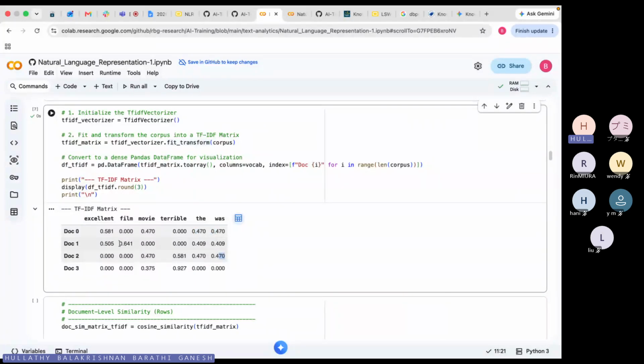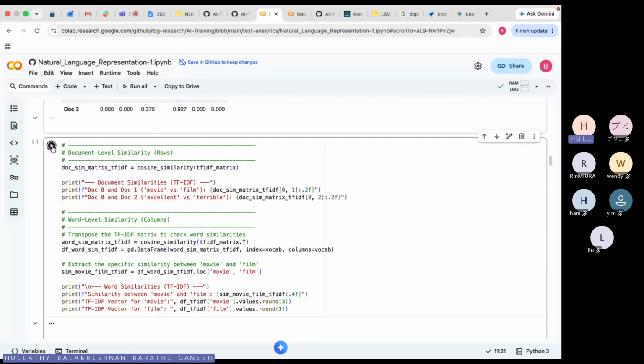But the rare words, meaning less frequently appearing words like excellent, film, terrible, are getting more weightage. So the features which contribute towards the classification get more weightage in the TF-IDF matrix.